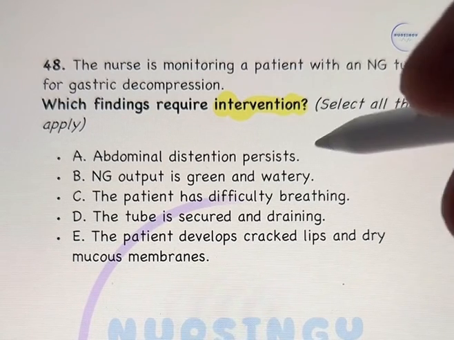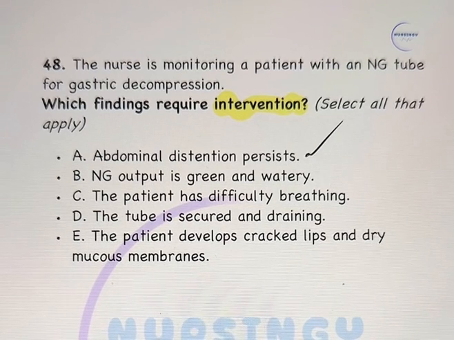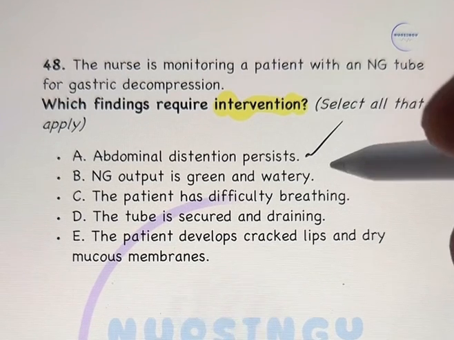It should not persist. What about B? NG output is green and watery. Is it a common finding or not? Expected, yes, so that means it is working.